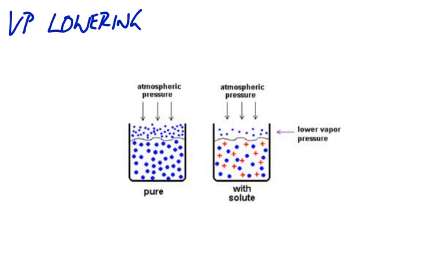Vapor pressure lowering is also very similar to these in that there's always a certain amount of vapor pressure taking place. So think about a glass of water that you fill up and put on the counter. That glass of water over time will lose volume. Not because it's getting very, very hot in your house, but because naturally there's an interaction between the atmosphere and the liquid on that border.